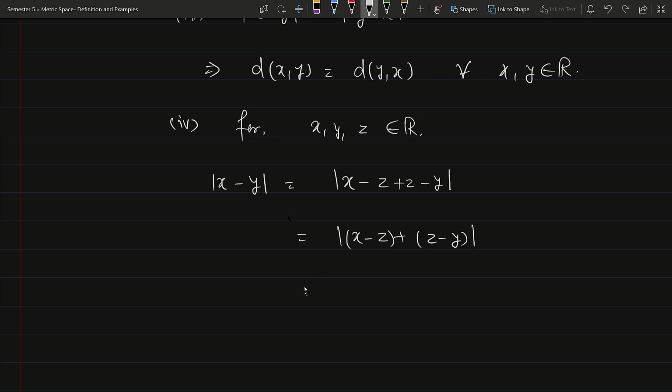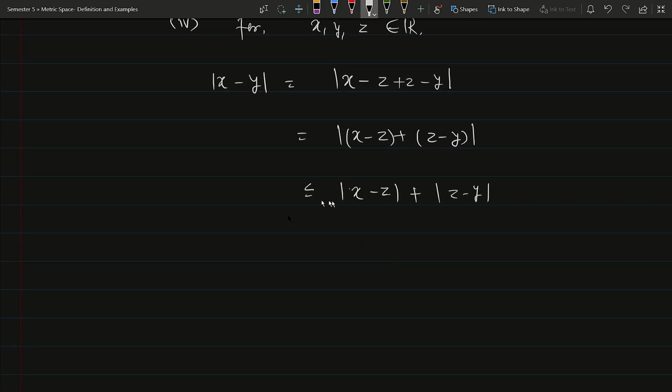Using the triangle inequality, you can write this as less than or equal to the distance between x and z, plus z and y. Now from the definition, this is nothing but d x comma z, and this is nothing but d z comma y. Now in place of modulus of x minus y, if we write d x comma y, then this has to be less than or equal to d x comma z plus d z comma y. Okay, so this is the fourth property, that is the triangle inequality.